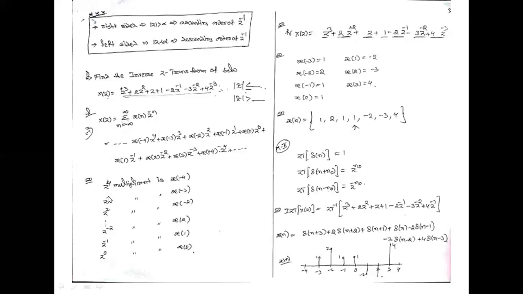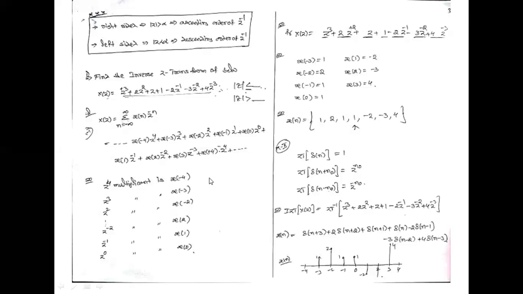Here you see the z cube is multiplied by x of minus 3. So x of minus 3 from this function has the value 1. And x of minus 2 is the multiplication factor of the z square. So the z square coefficient is 2 here. So x of minus 2 is 2.